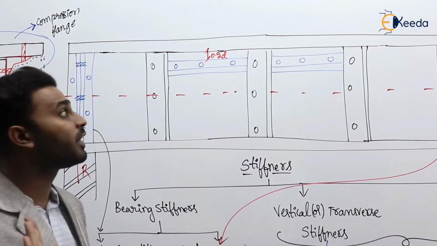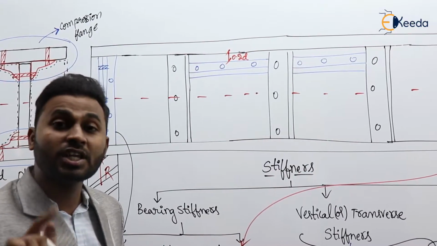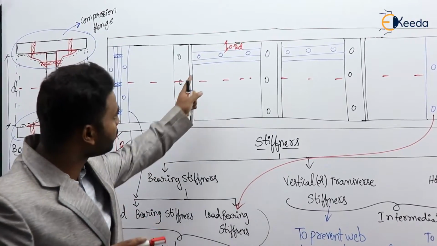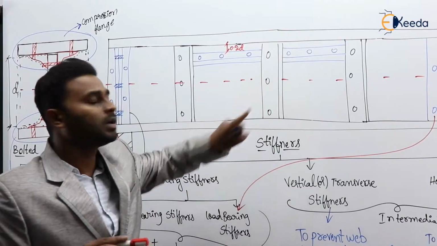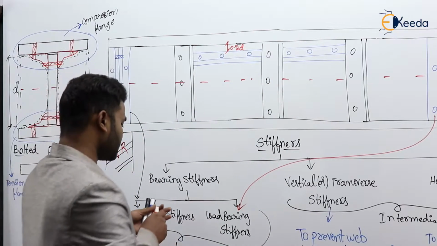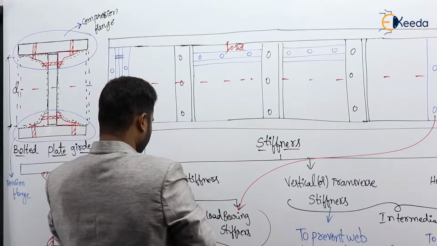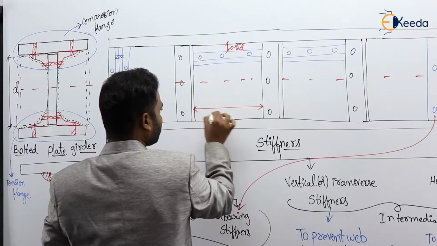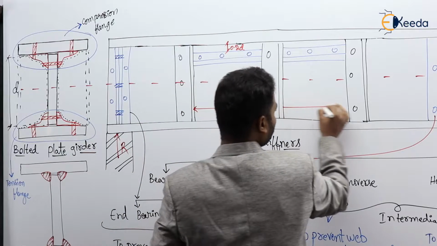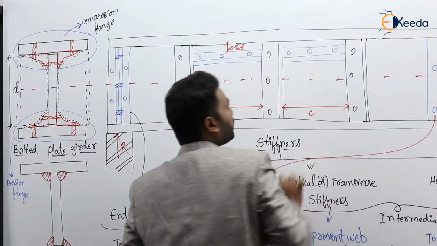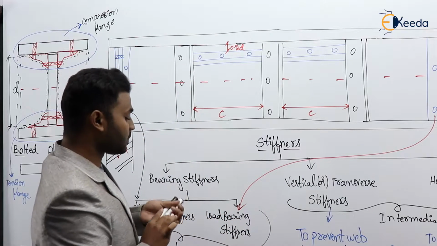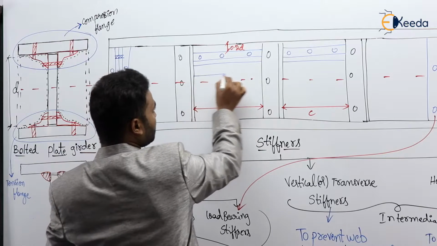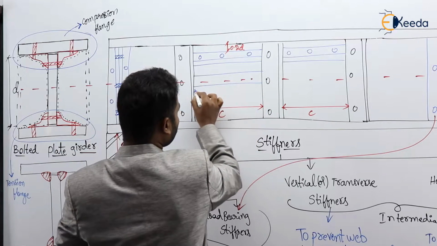The first line is provided at a distance of 0.2D from the compression flange, and that too in between the transverse stiffeners. Agree? This is the spacing of the transverse stiffeners, which we represent with C. And the second line of horizontal stiffeners is provided exactly at the neutral axis.